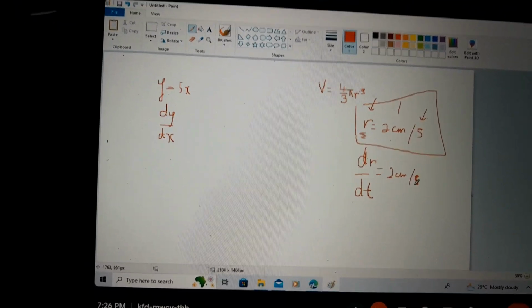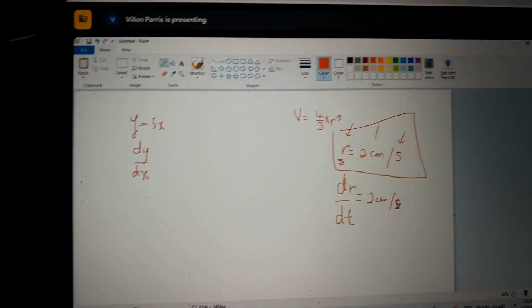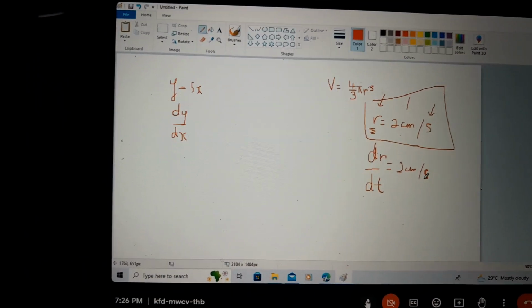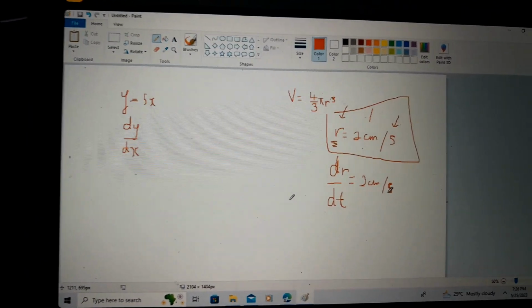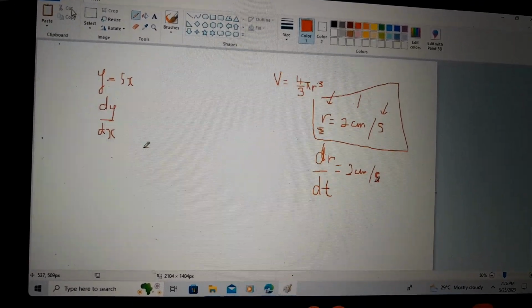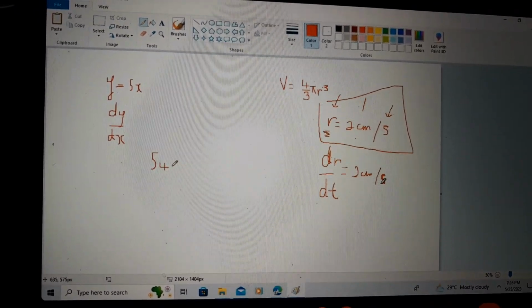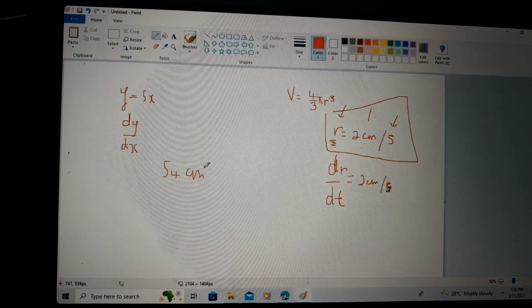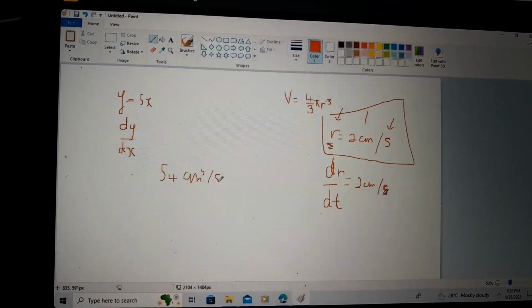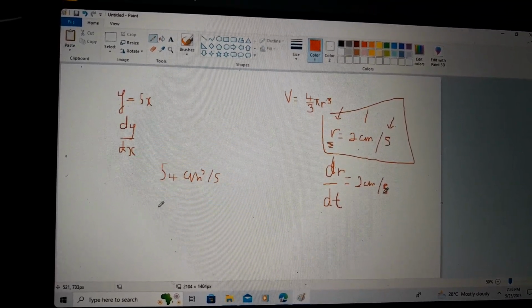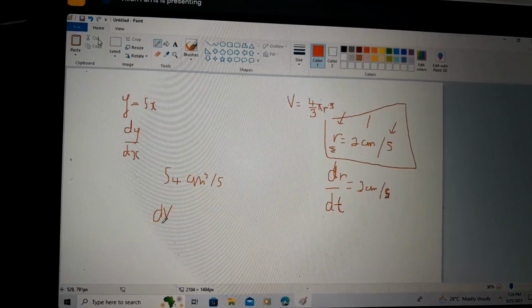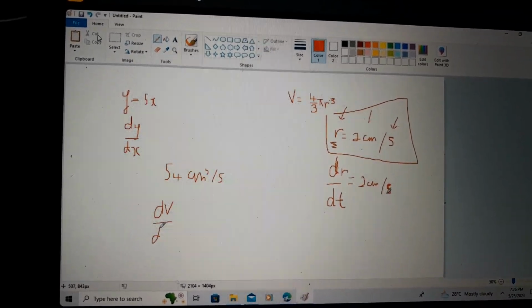Volume? Why do you say volume? Because it's cube, sir. Wonderful. So that 54 cm cube per second is actually our change in volume with respect to time.